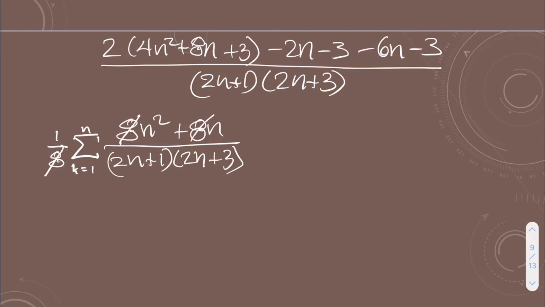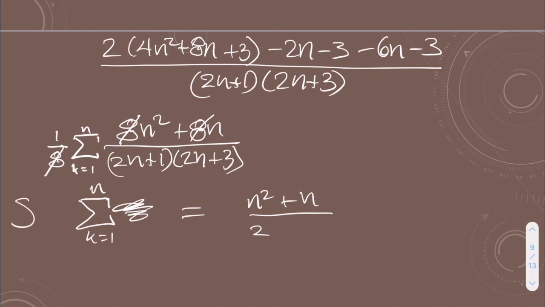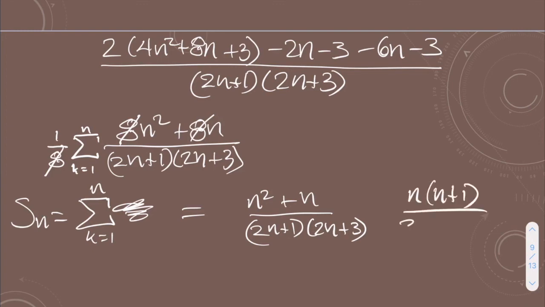And what we are left with now is our sigma over 2n plus 1 times 2n plus 3. And you could further take that and factor out an n. You could call that n times n plus 1 over 2n plus 1 times 2n plus 3.